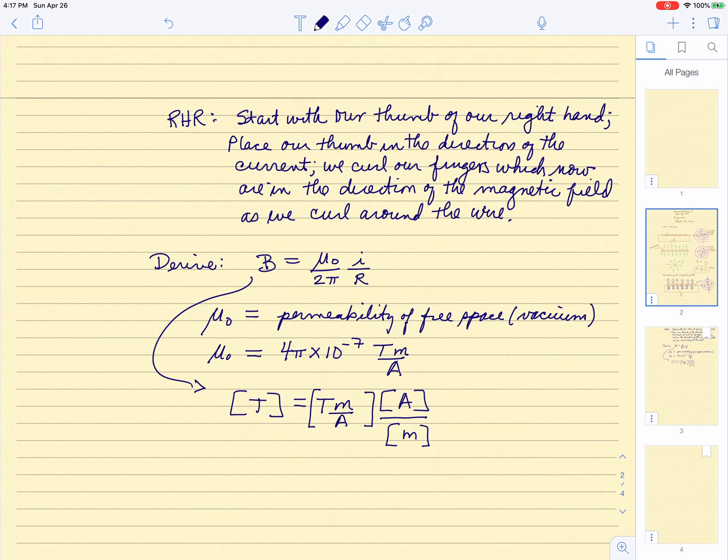Okay? So mu naught, like epsilon naught, is a constant used in magnetic phenomena, just like epsilon naught is the constant that we used for electrical phenomena when using SI units.